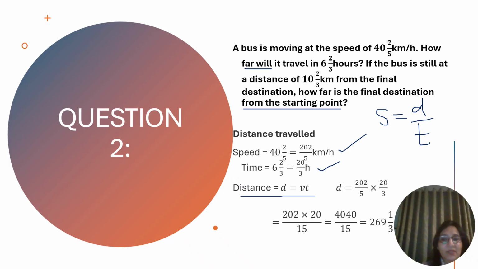That means you have to calculate the distance. So if you take distance as the subject and cross multiply, you get s into t, or you write v into t. Substituting the values here, you get 202 upon 5 into 20 upon 3, and when you calculate, you are going to get this answer. Students, you can pause the video, do the calculation, and I'm sure you will understand.